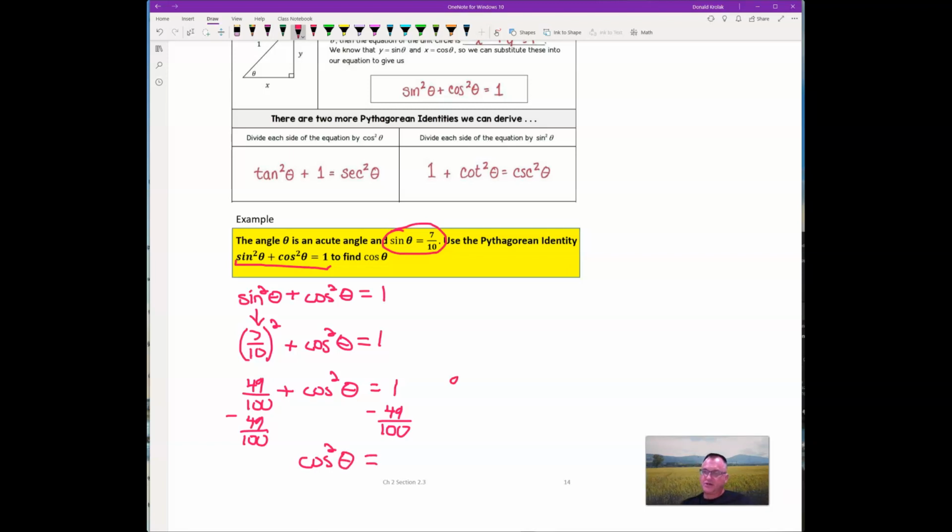Now I have to do 1 minus 49 over 100. Well, 1 would be the same as 100 over 100 minus 49 over 100, and that's going to be 51 over 100.